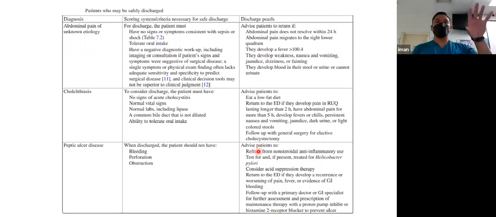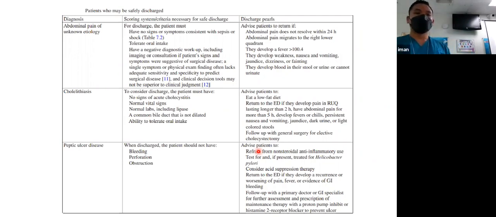Scoring systems and criteria are necessary to safely discharge patients. If the patient has persistent pain, develops fever, weakness, nausea, vomiting, or blood in stool, then the patient should be checked up. If you develop all this, please come back to us.